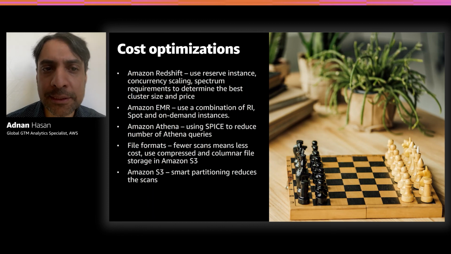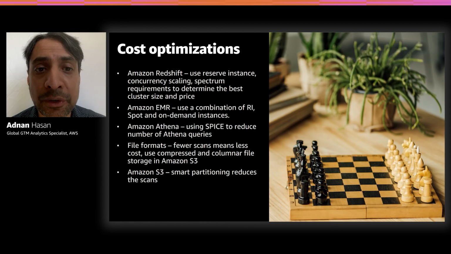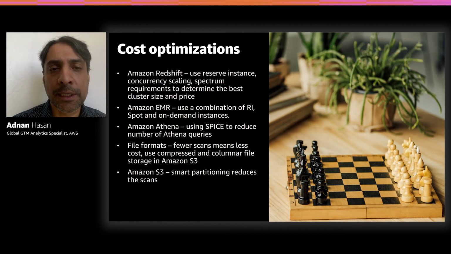Commonly, we get asked, how do we optimize cost for Amazon Athena? Because it's based on the amount of data and the number of queries you run. So if you're using QuickSight, you can use SPICE to reduce the number of Athena queries.